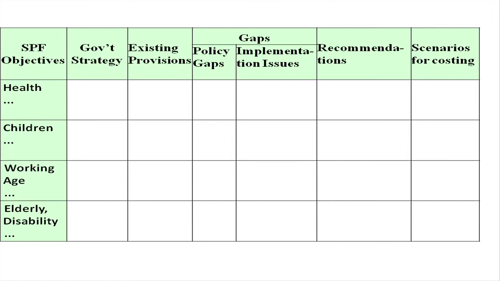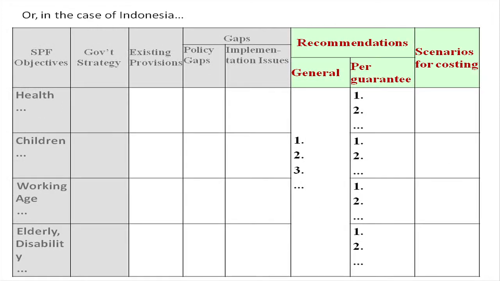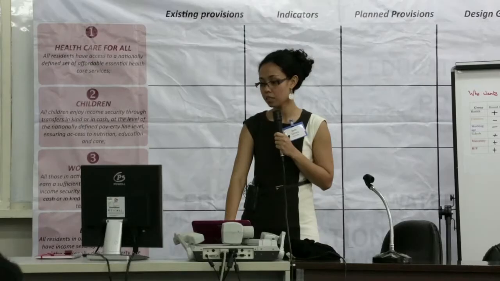And then we come up with recommendations on how to fill the gaps that we found. Now we need to see how we will go further in costing it and making scenarios for costing. Or in the case of Indonesia, this is how it looks, because we have a general recommendation and a recommendation per guarantee, but it's more or less the same method.